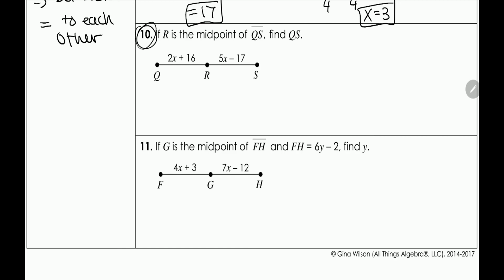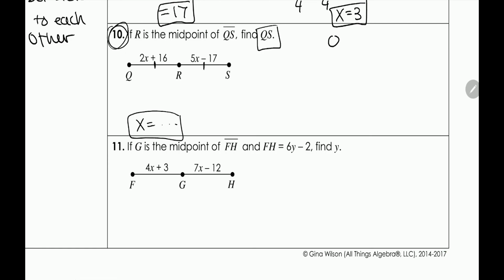Again, you're going to put them equal to each other when you solve. You're going to get x equals some number, okay? But then it's telling you to find QS. So you need to say QS, that's the entire thing. It's going to be equal to QR plus RS, which is going to give you 2x plus 16 plus this 5x minus 17.